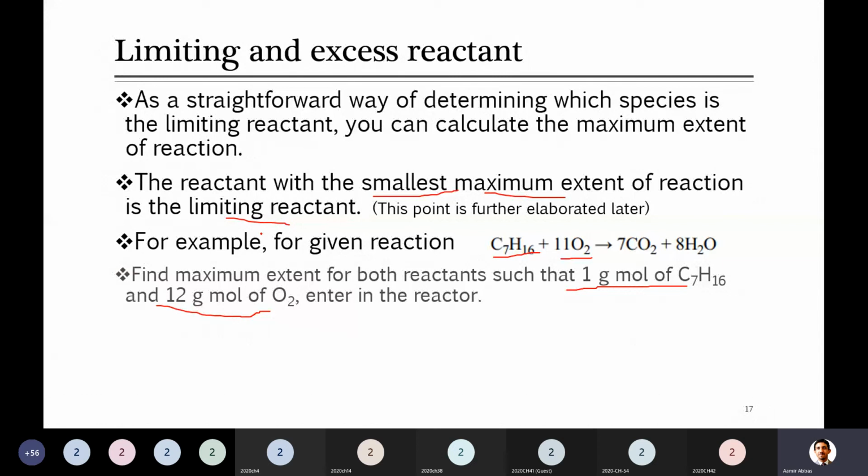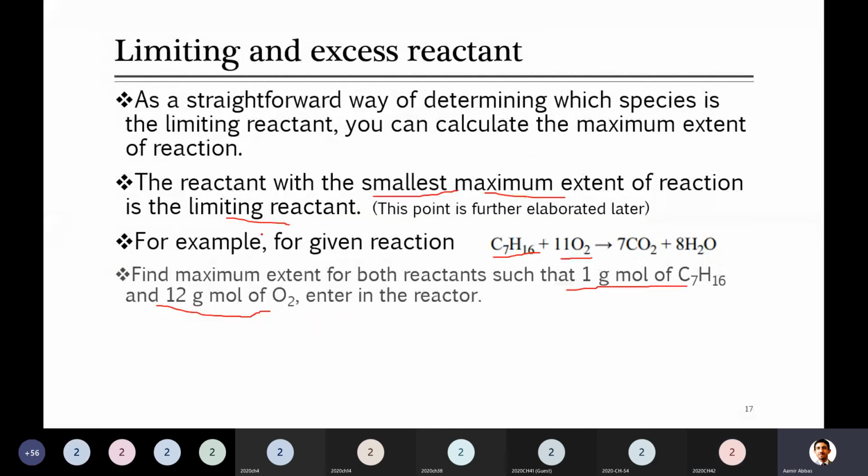Whenever you calculate the maximum extent, it is achieved when all of that reactant is consumed. When the reactant is completely consumed, what will be the value of Ni? 0. Yes, you are right.